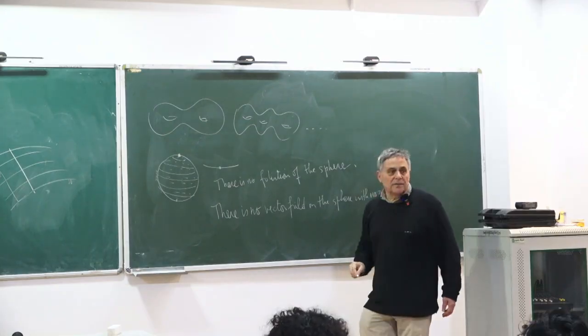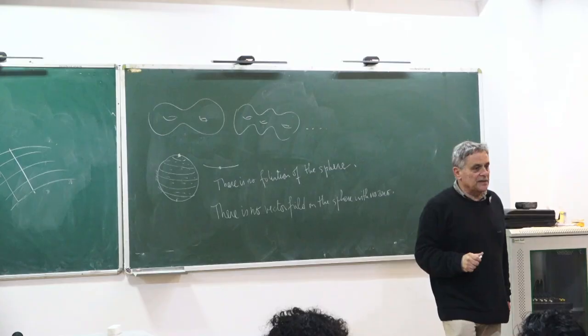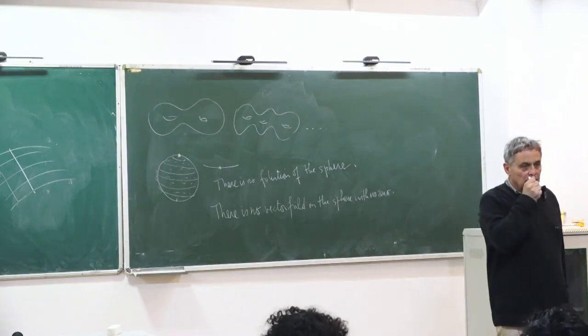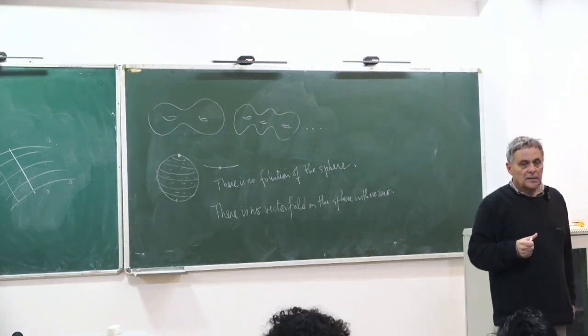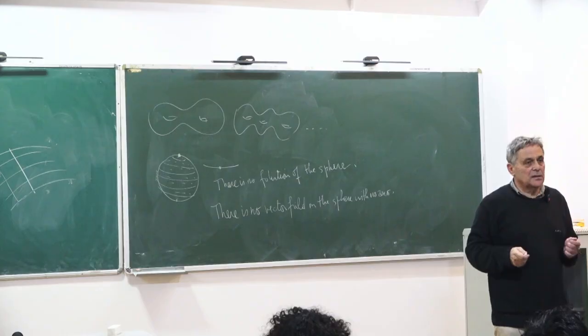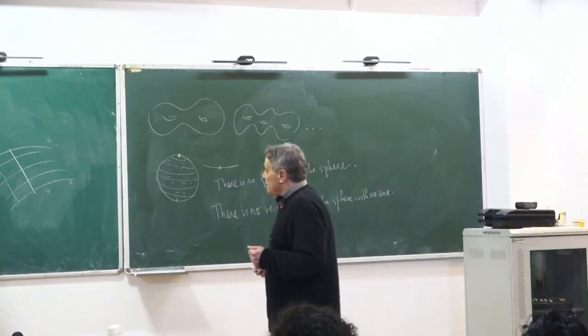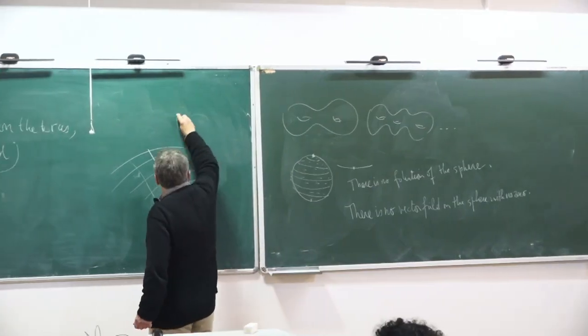Any vector field on the sphere should have a zero. You know this? Or on the disk, right? I cannot draw a foliation of the disk.